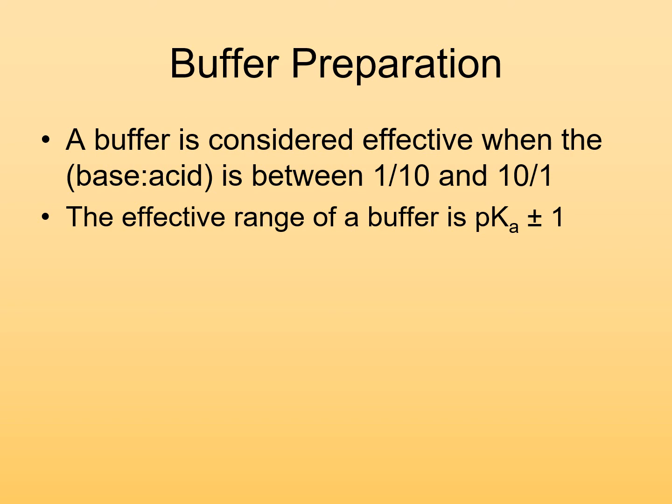So that's going to be the pH range where it maintains that relative pH. And you would literally find the pKa, so do the negative log of Ka, and whatever that value is, the range that that buffer is going to work is plus or minus 1 pH value.